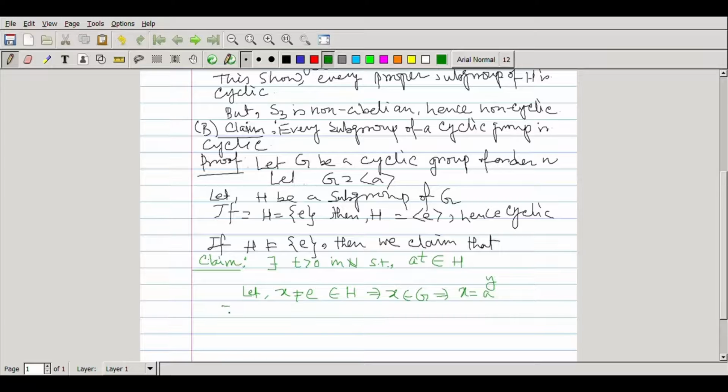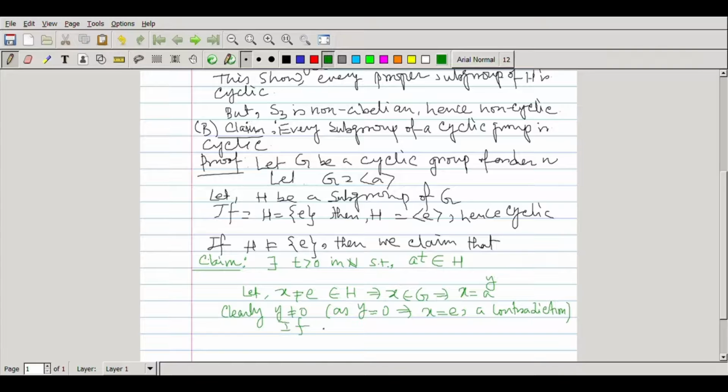Clearly y is not equal to 0, as y equal to 0 implies x equal to e, a contradiction, because we started with x not equal to e. Therefore, y is not equal to 0.